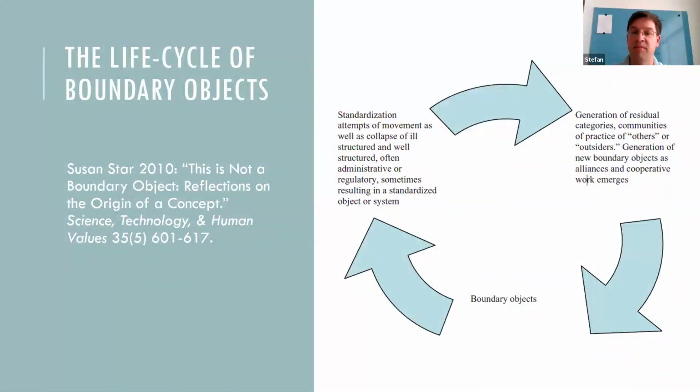That creates some outsiders or miscellaneous categories, which might then be used by other groups again, which gives rise to new boundary objects. So she talks about the life and death of boundary objects. And I want to look at biodiversity following this cycle of coming to life and maybe being closer to old age or even death again.